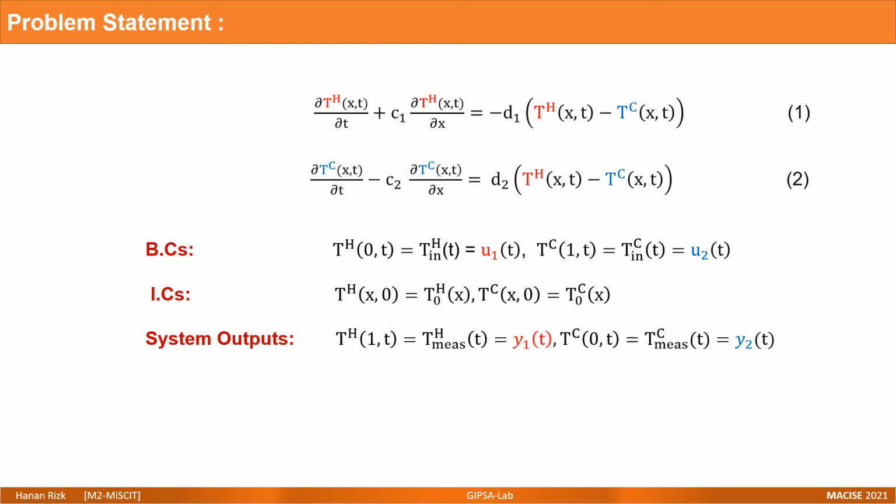The system parameters are considered known and constant. This system has the boundary conditions U1 and U2 and the initial conditions T hot node and T cold node, and the system outputs are Y1 and Y2.